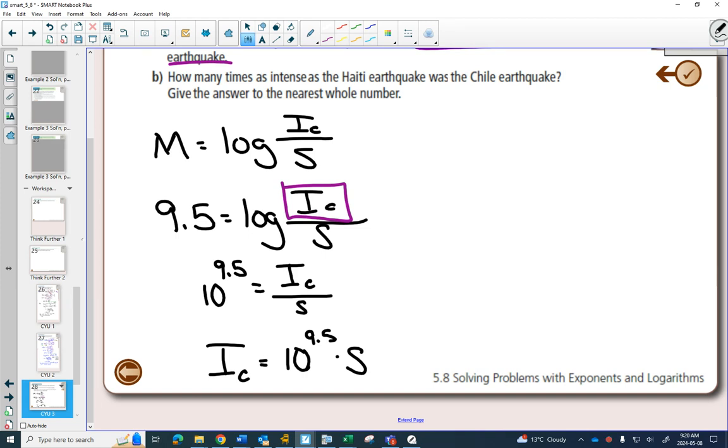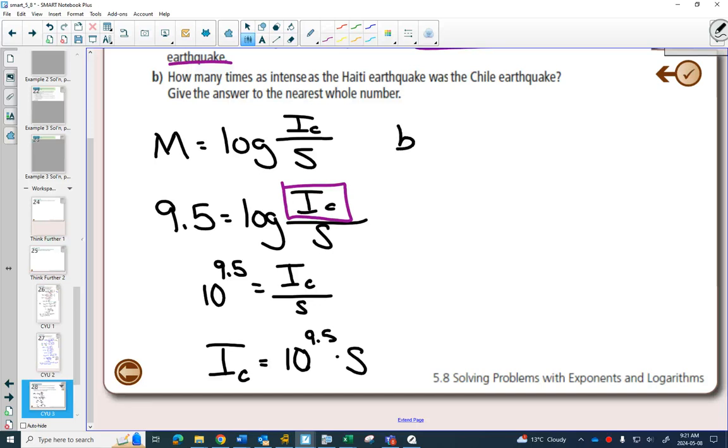If I type that into my calculator, that is 3,162,277,660 times bigger than a standard earthquake. That's a huge number. It's much easier to think of 9.5, but that 9.5 is huge.